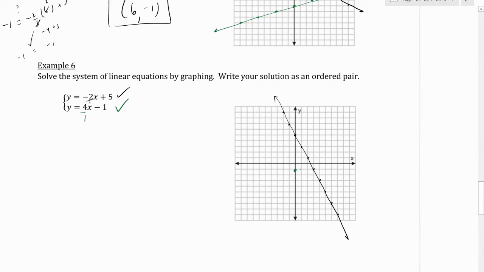That's y-intercept -1. I'm going to rise 4. 1, 2, 3, 4. Run 1. So the system is solved by the point 1, 3. That's the one point that's on both lines.